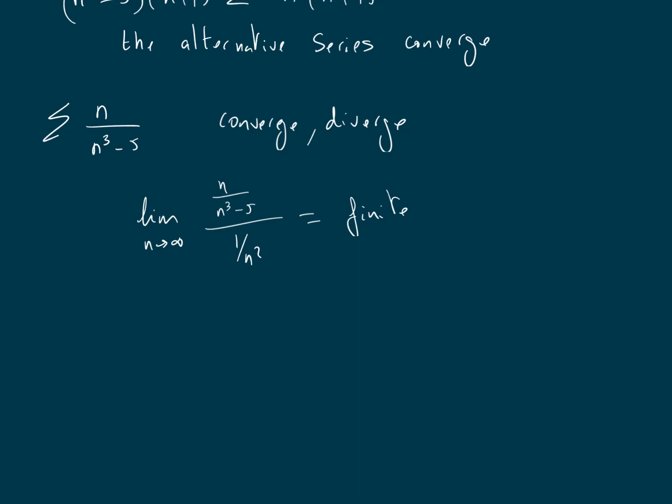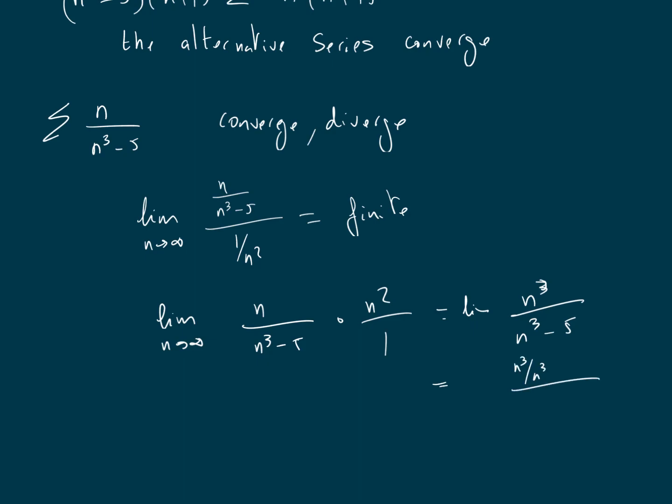So the limit when n goes to infinity of this expression is n divided by n cubed minus 5 multiplied by n squared divided by 1, which is n cubed divided by n cubed minus 5. If we divide numerator and denominator by n cubed, we will have n cubed divided by n cubed, over n cubed divided by n cubed minus 5 divided by n cubed.